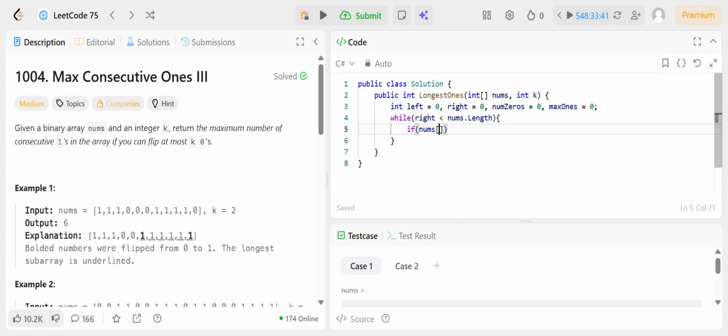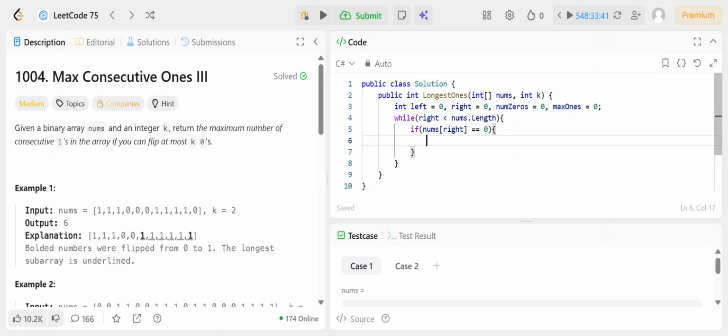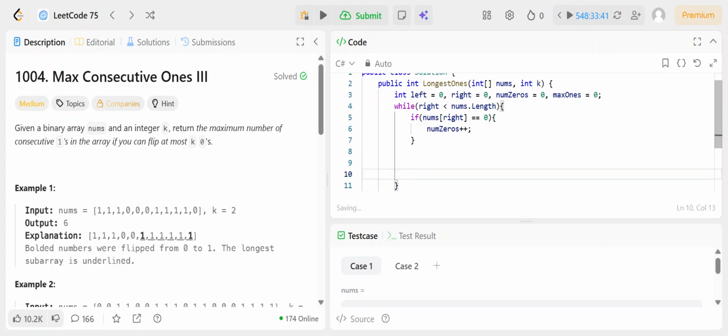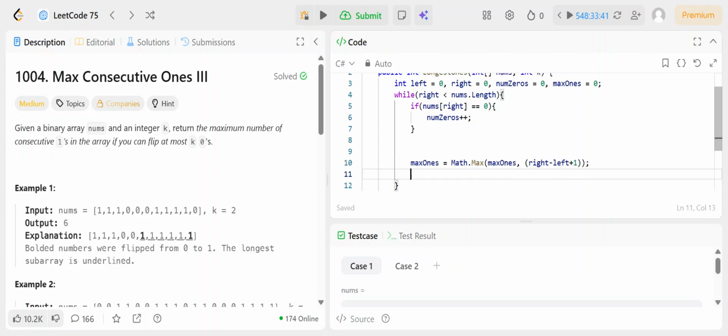If nums[right] equals 0, then I'm increasing number of zeros. One more thing I'm doing here is calculating max ones every time using Math.max. It's a simple thing, we use it in all our codes. We are using Math.max and increasing right.